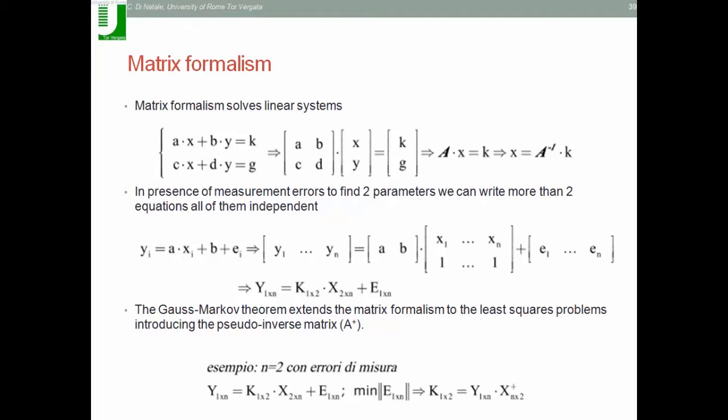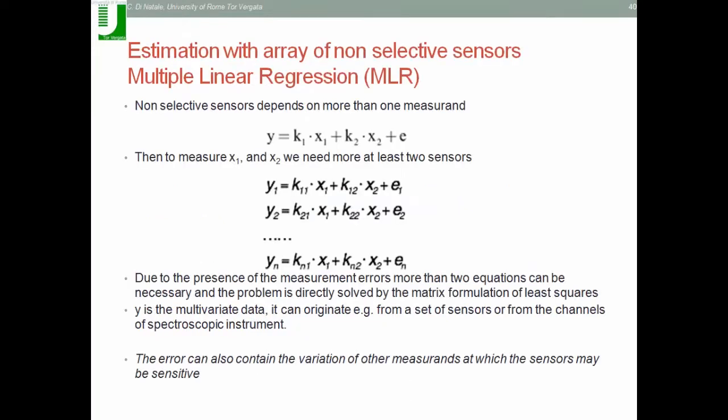So this means that we can no more invert, because this matrix is no more square, it is rectangular, and the solution is provided by the so-called Gauss-Markov theorem, that extends the matrix formalism of a linear system to the least squares problem, introducing the pseudo-inverse matrix A cross. It is the extension of the inverse to the rectangular case.